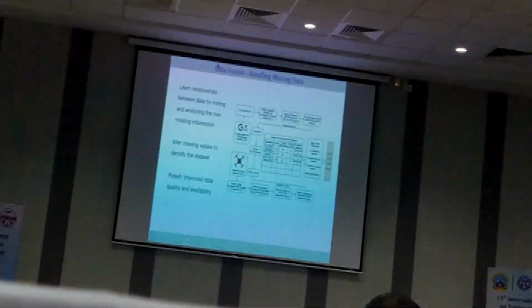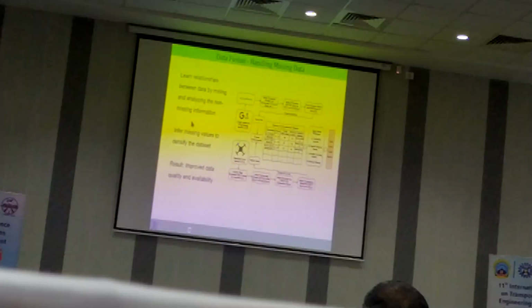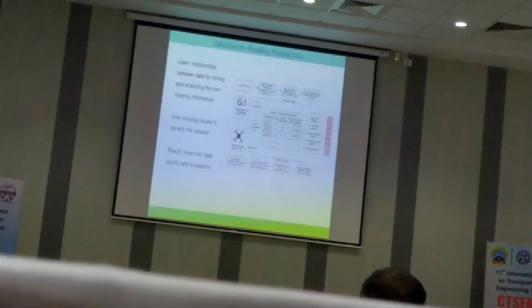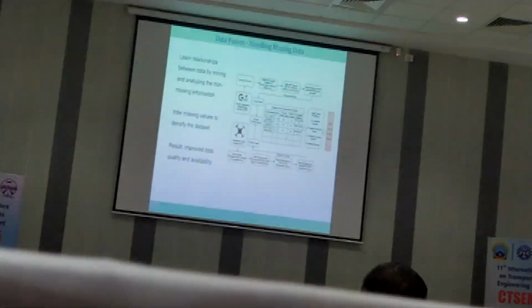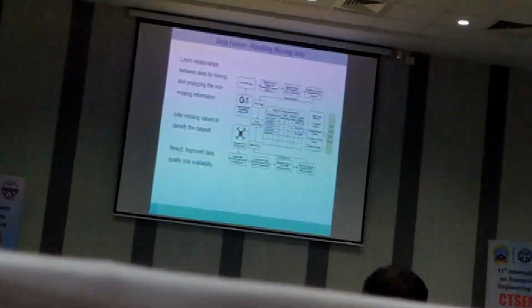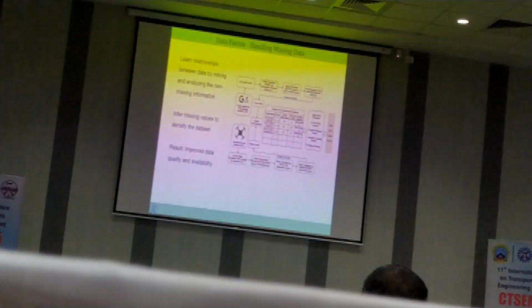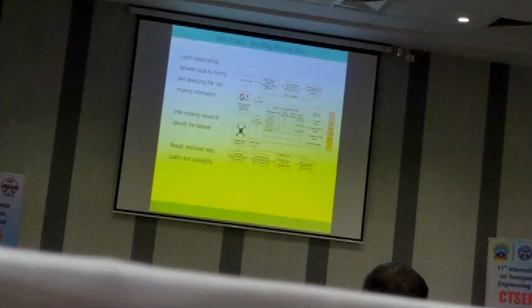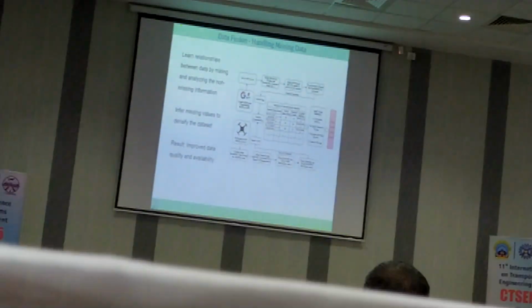So the idea here is to learn the relationship between data by mining and analyzing the non-missing information. That means when data is coming from two different sensor sources without any interruption for a long time, we see whether a relationship can be established between these two different types of data, for example, the point data and the spatial data.